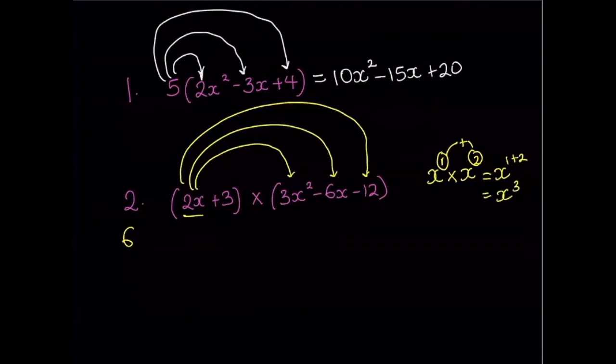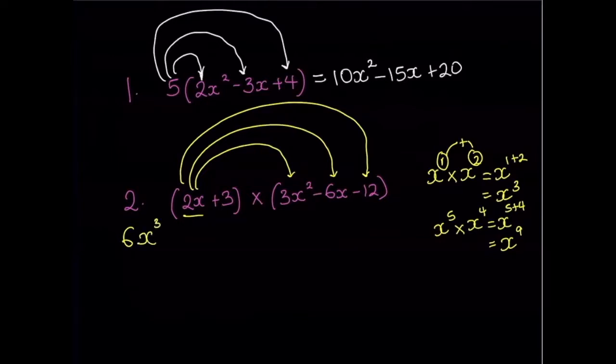Let's say, for example, we had x to the 5 multiplying x to the 4. You're going to have x to the 5 plus 4. So you're going to have x to the 9. Okay, so x in this case times x squared will give you x to the 3. So you have 6x to the 3.